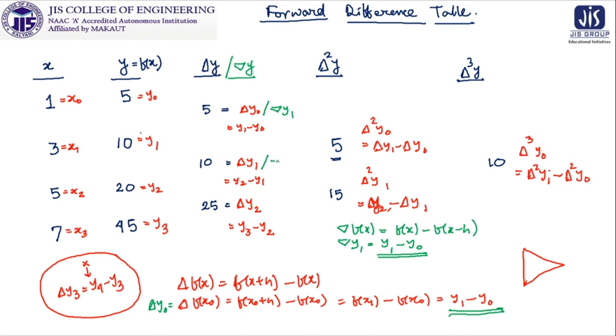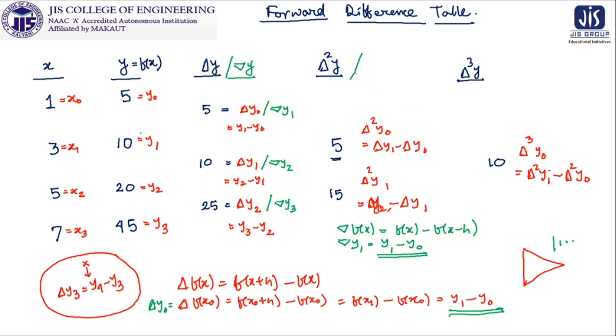So what will be this backward difference operator y2? What will be this backward difference operator y3? Two things are important. First, it is also diminishing by 1, but here the diminishing index is not the last one, it is the first one according to the definition, because y0 is there but there is no backward difference operator on y0. It starts from y1, y2, y3.